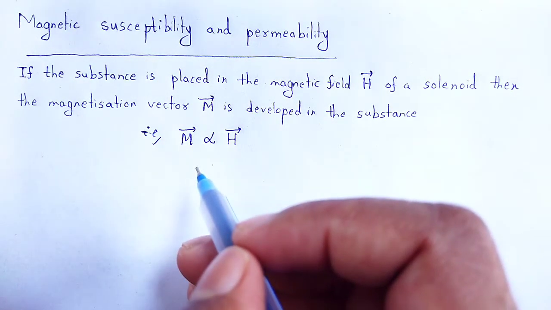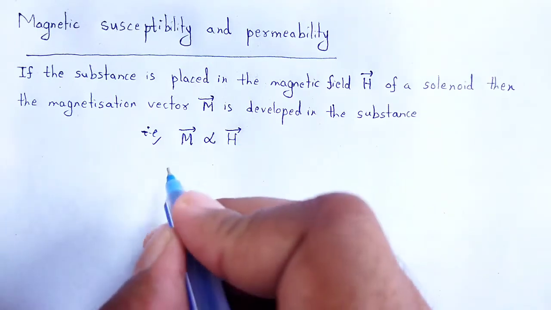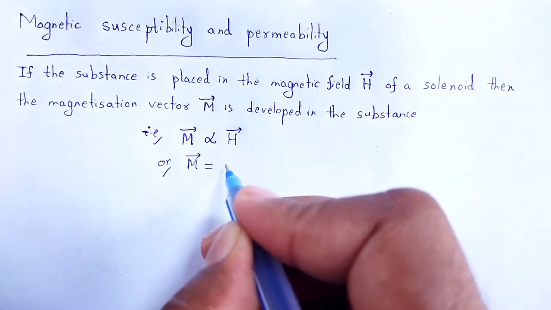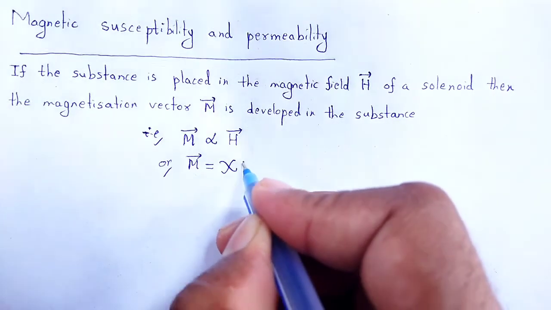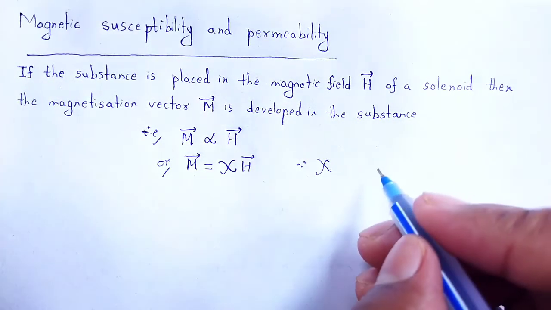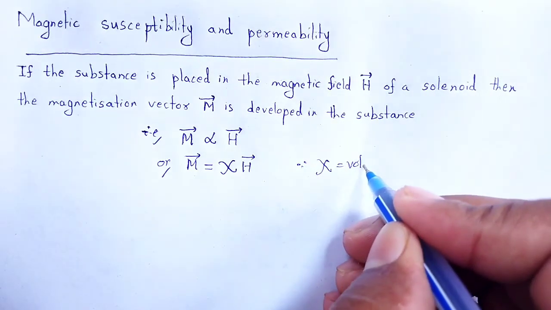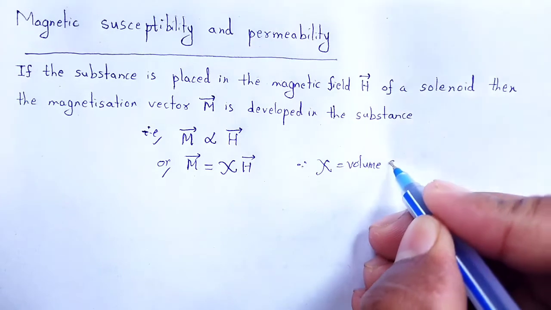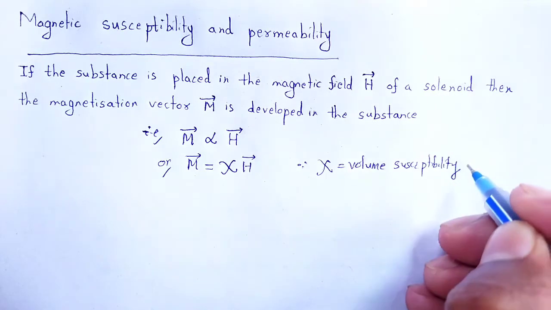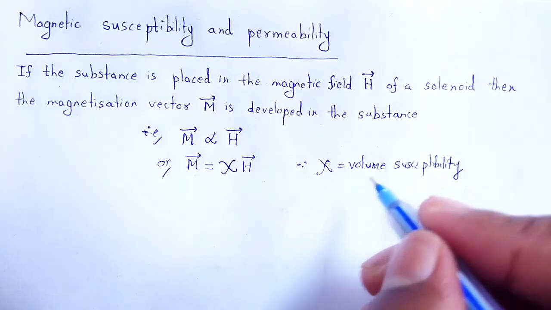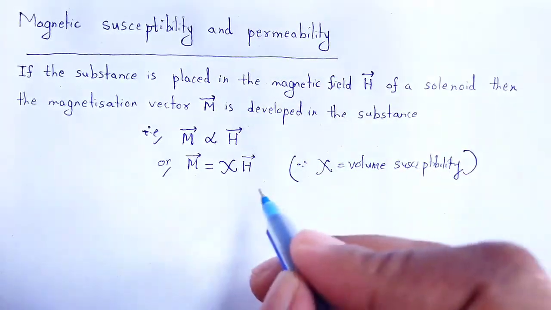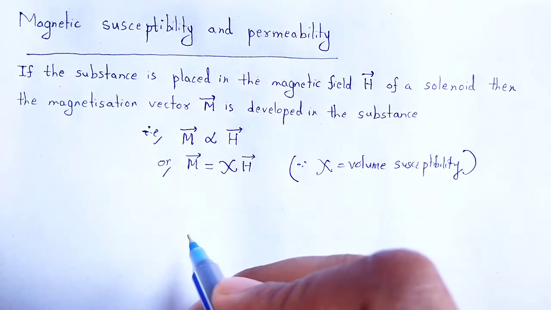Now, we can equalize that by introducing a proportionality constant. Here M is equal to xi H. Here xi is known as the volume susceptibility of that particular substance, which is known as the magnetic susceptibility.